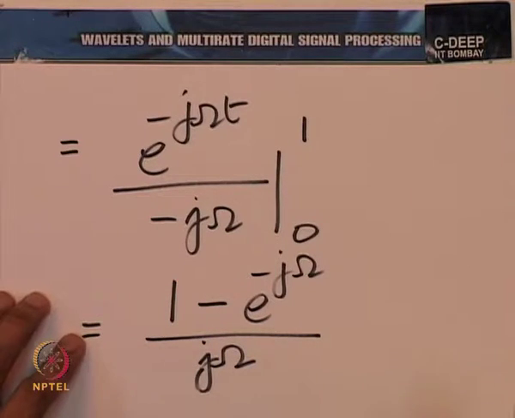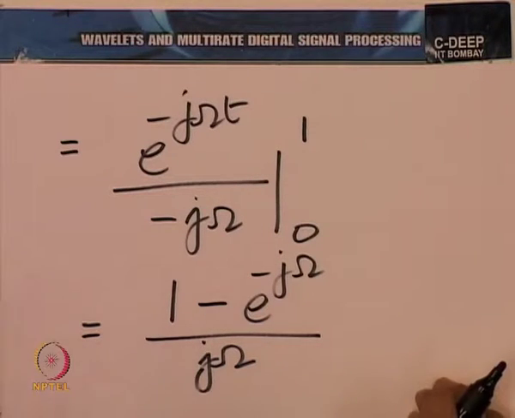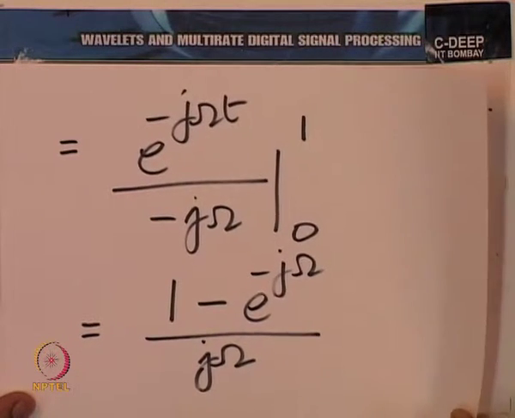And we can simplify this. We can take an e raised to the power minus j omega by 2 common in the numerator.